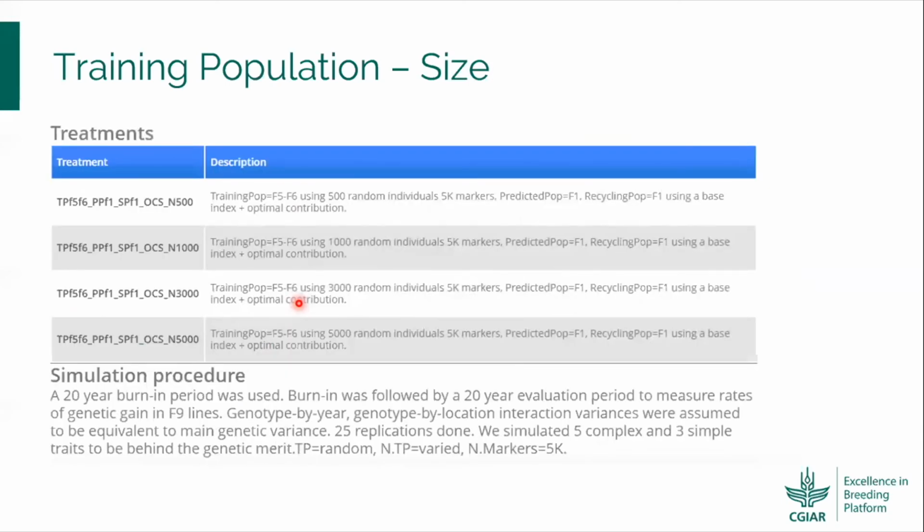So let me move to the last question, and then we can take your comments and try to answer any possible doubts. Something that we also wanted to explore was how many individuals we should have in the training population. Again, because of the time that it takes to fit these models, and when we run these simulations, we are simulating entire breeding programs, sometimes for many replications.